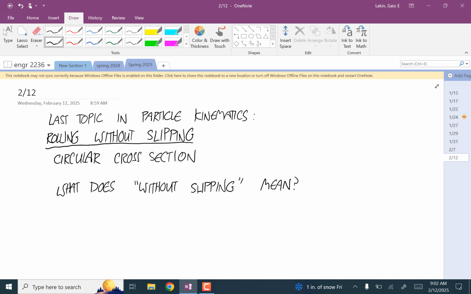We're going to think of it as two requirements, and both of these are at every instant. First, the point in contact with the surface.